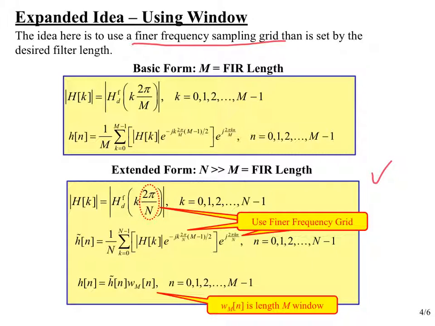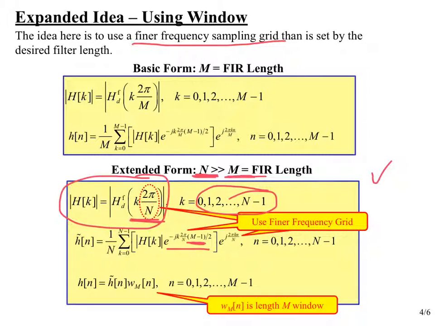So unfortunately, when we do that, the N value will be much, much greater than our desired FIR filter length. So we're specifying this on a much finer grid, with many more points. Then we do our linear phase, but according to the desired length that we want to end up with.